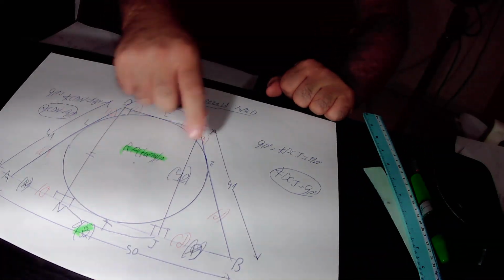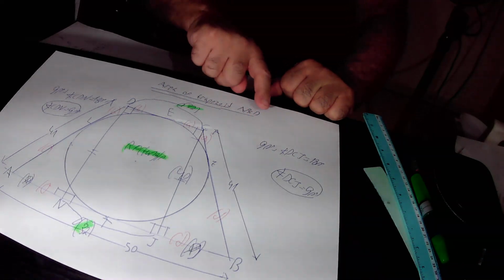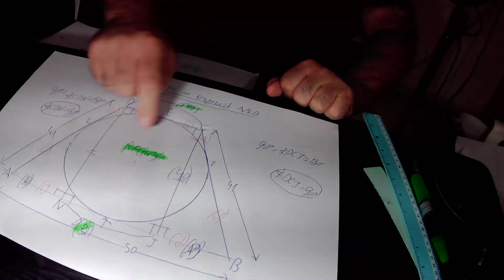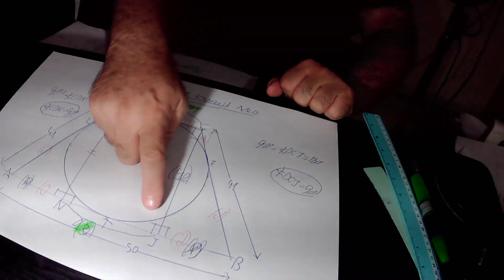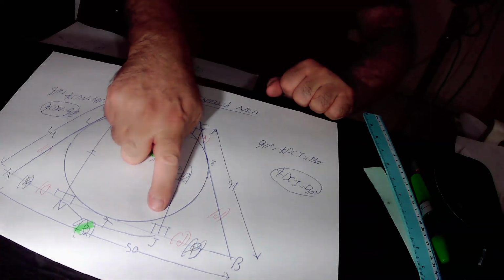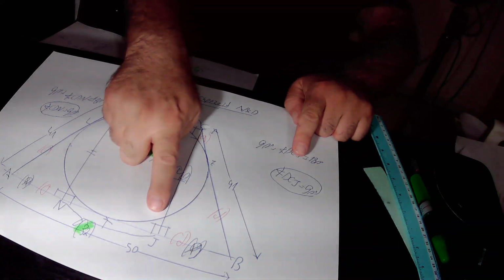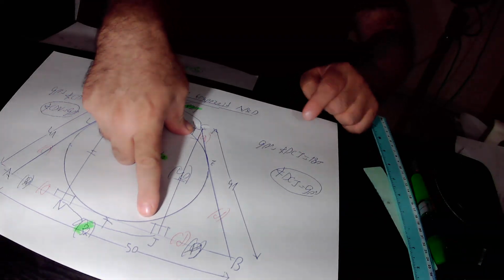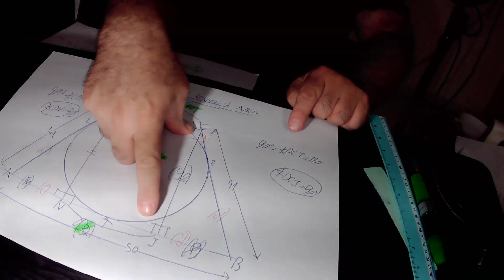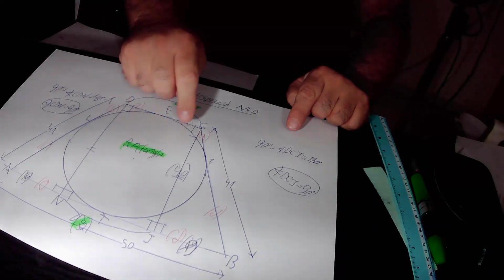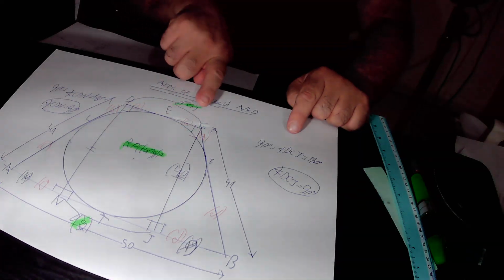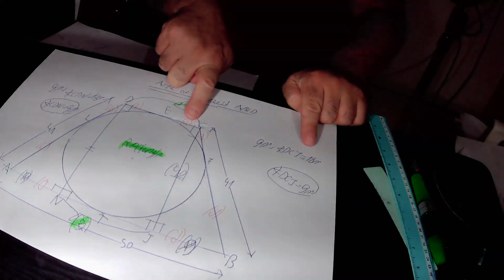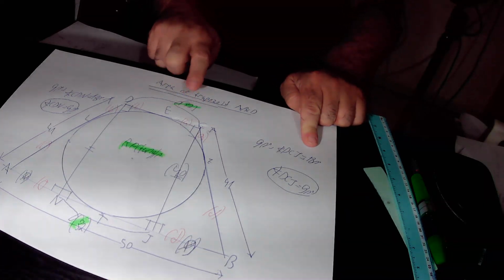So 90 degrees plus angle DCJ, in total it must be equal to 180 degrees according to rule 17.